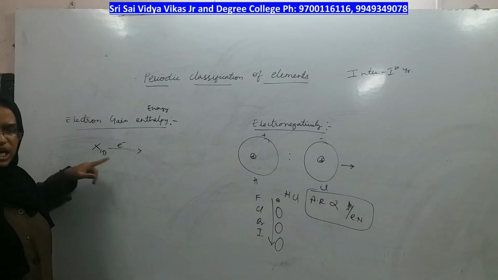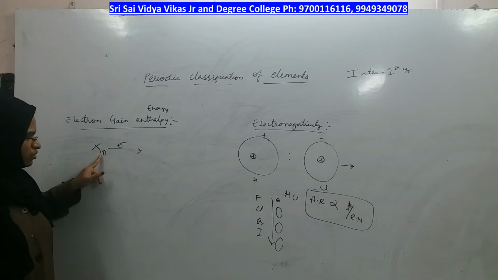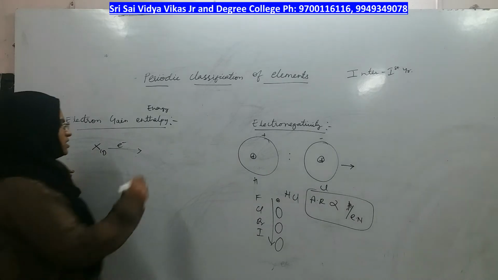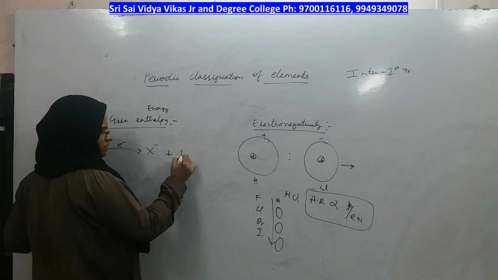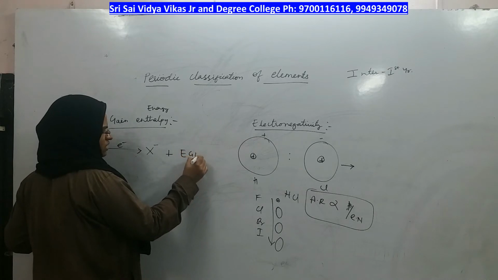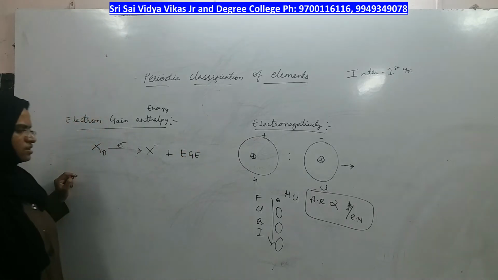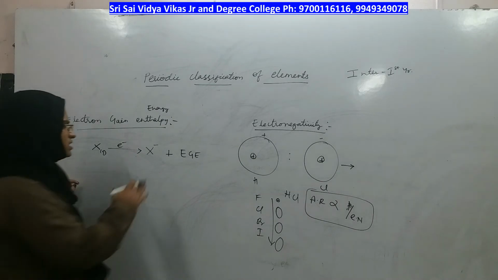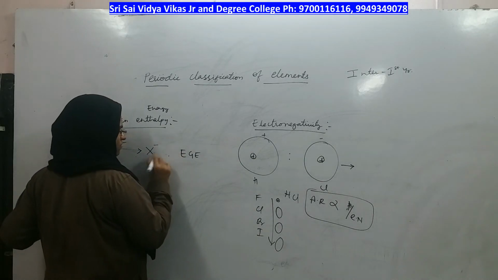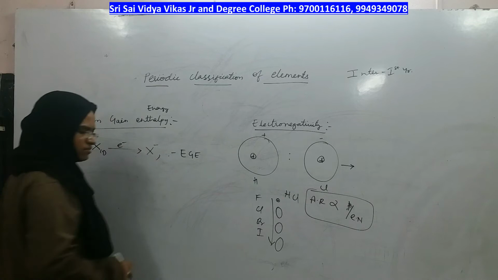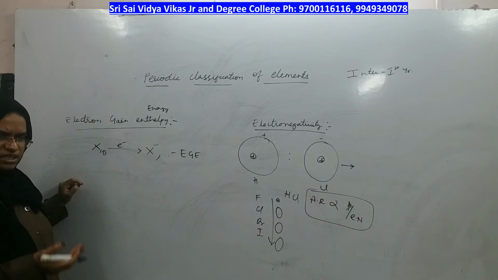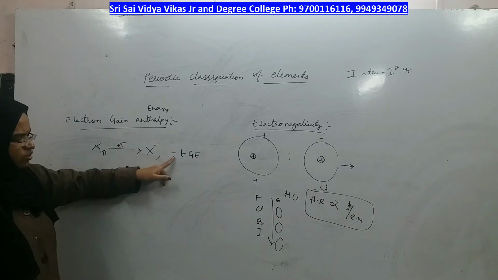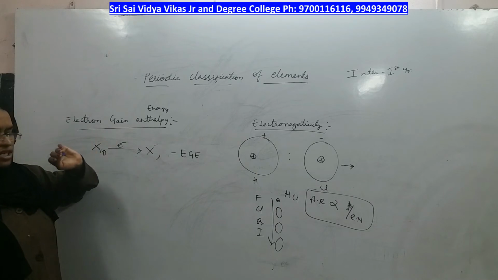The neutral gaseous atom accepts that electron and liberates electron gain enthalpy. And if the energy is liberated, it will always be minus. Energy liberated means the reaction is exothermic, energy is coming out, and that energy is negative.